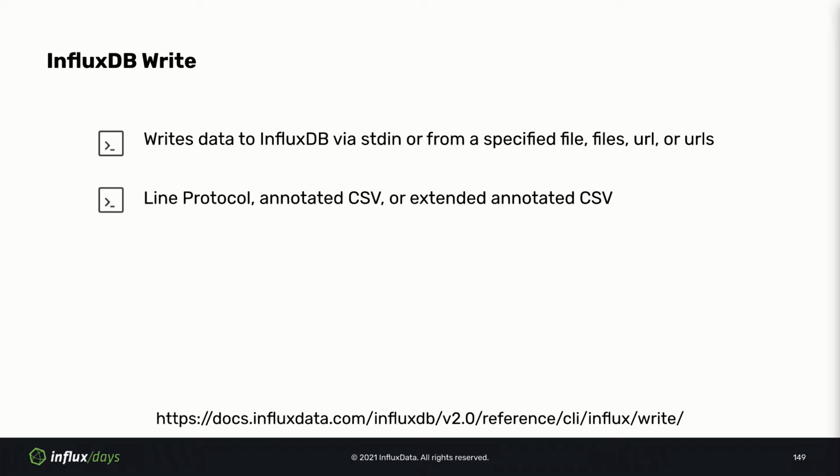You can use a specified file, files, URL, or URLs. In order to write this data to InfluxDB, you need to provide the following information for each row of your data: a measurement, a field, and a value.